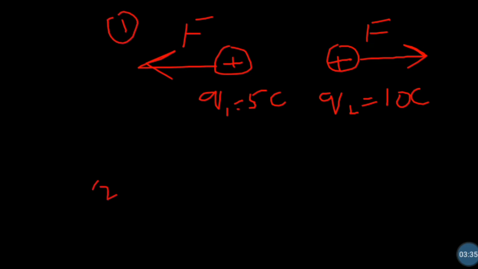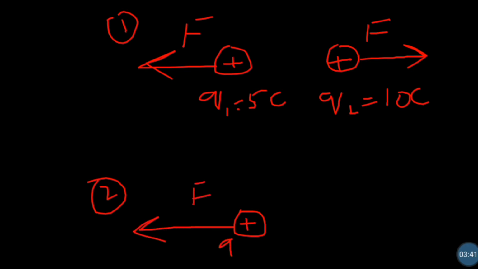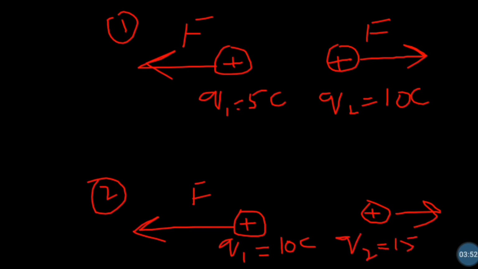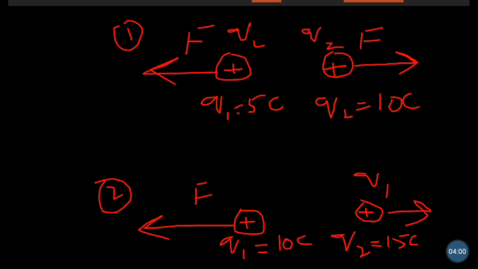In diagram number 2, there are also two charges, Q1 which is equal to 10 coulomb and Q2 which is equal to 15 coulomb. Which of these diagrams has the greatest force of repulsion?